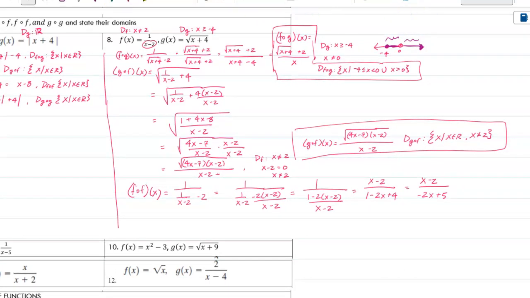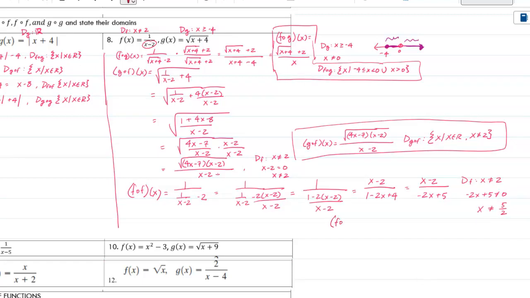Okay, and then let's see. The input function itself had x could not be 2. The composite function has negative 2x plus 5 cannot be 0. So that's x cannot be 5 halves. Okay, so it excludes those two.